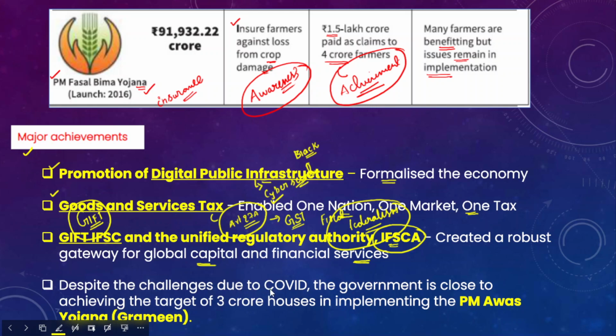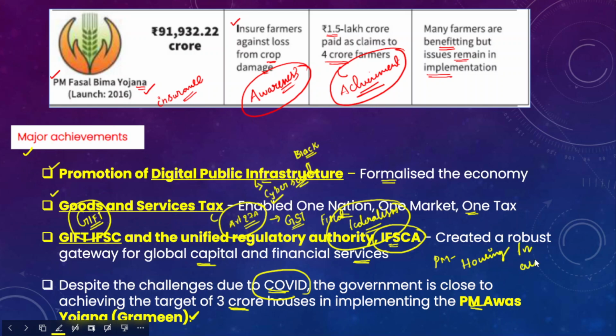So despite all of these challenges, particularly because of the COVID-19 pandemic that the Indian economy had faced, the government is close to achieving the target of around 3 crore houses in implementing the PM Awas Yojana Gramin. Now, what is the objective of Pradhan Mantri Gramin Awas Yojana? The objective is housing for all.